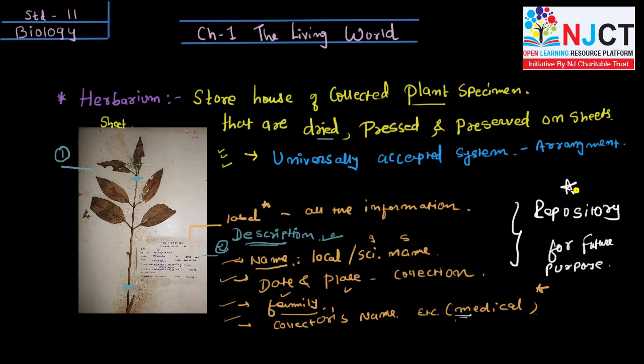So you can call it a herbaria. It's a kind of a quick referral system in taxonomical studies. Right, so the study is called herbaria. So kind of a referral system.